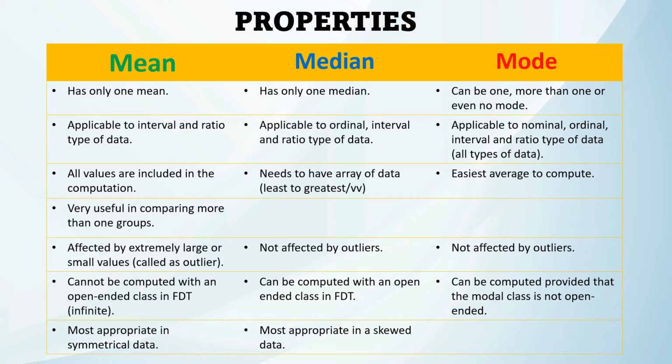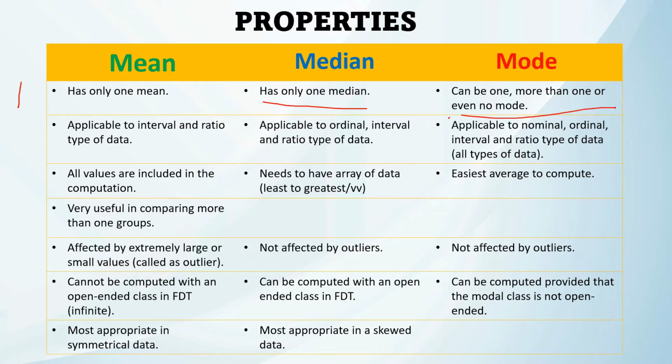So here in number 1, in this first row, in the mean you have only one mean. While in the median, you also have only one median. However, in mode, you can have one or more than one mode.